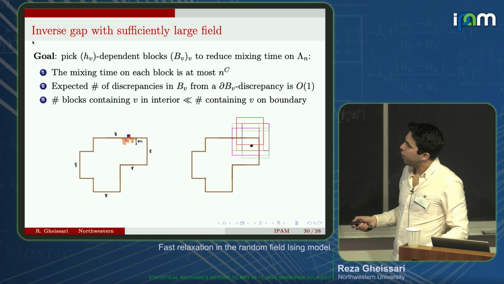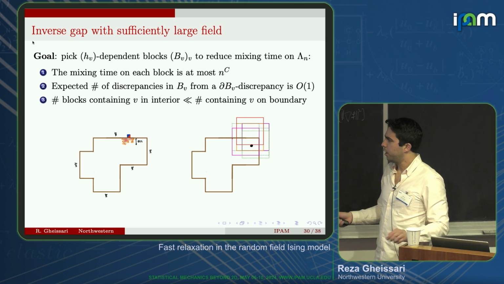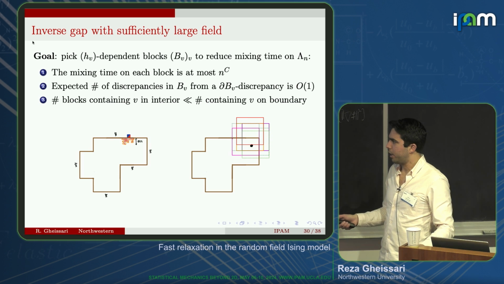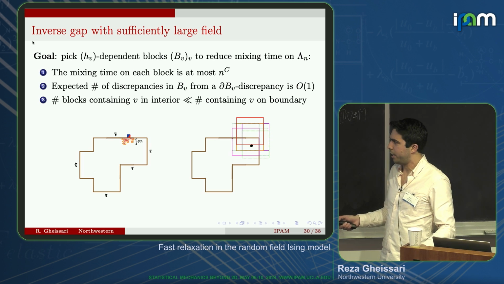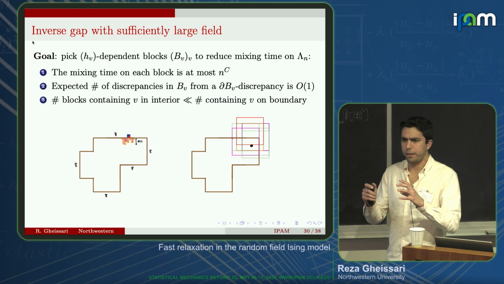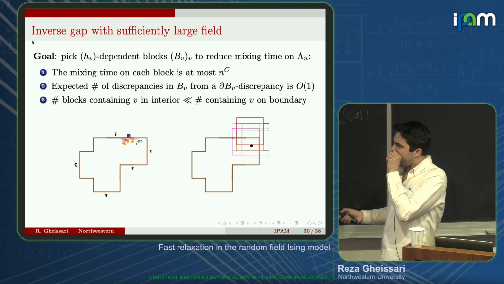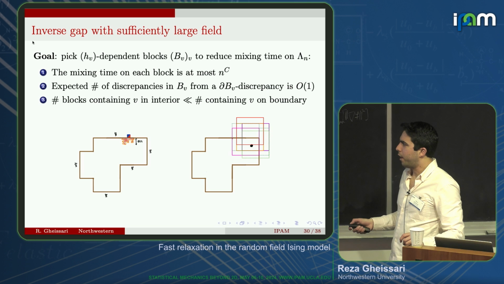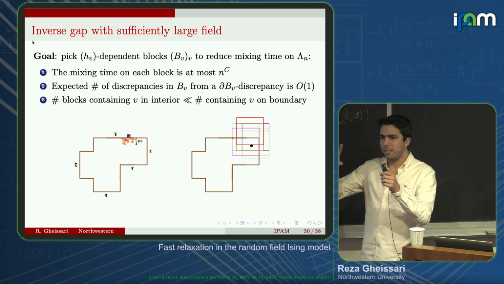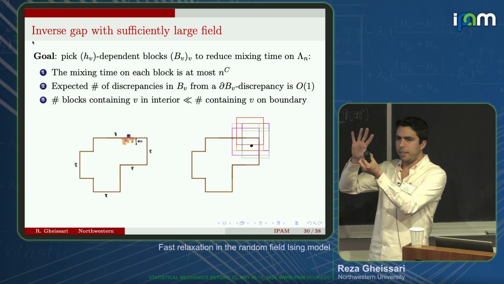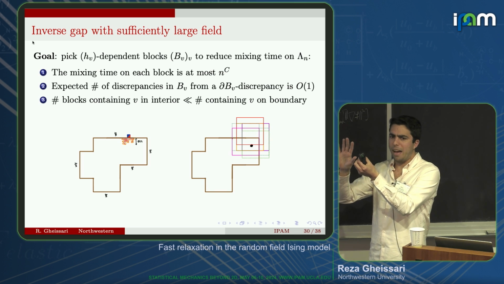And on the boundary of these, you have some decay of correlations to the middle. You need some kind of decay of correlations to be able to say, if I update this box, I couple on the interior of it. And I need an isoperimetric condition that there are a lot more blocks that have a vertex in their interior than that have it on their boundary.